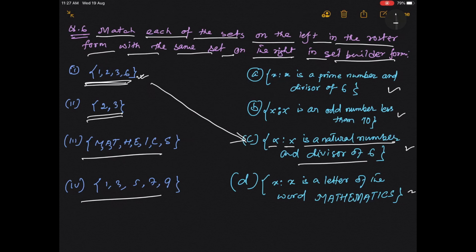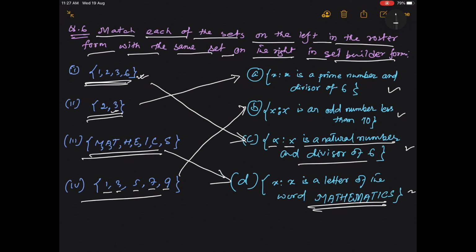Here 2 and 3 are also factors of 6, but those are prime numbers, so it must be A. Now 1, 3, 5, 7 are odd natural numbers less than 10, so it must be B. And here you see mathematics, these are the letters of mathematics, so this is D. Hope you have understood how to solve question number 6.